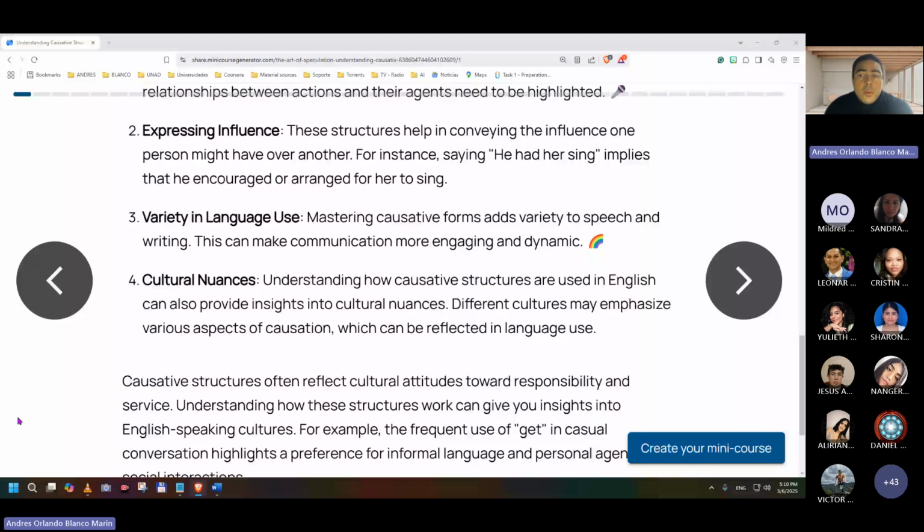Mastering causative forms adds variety to speech and writing. This can make communication more engaging and dynamic. And with causative verbs, there are some cultural nuances. Understanding how causative structures are used in English can also provide insights into cultural nuances. Different cultures may emphasize various aspects of causation, which can be reflected in language use.